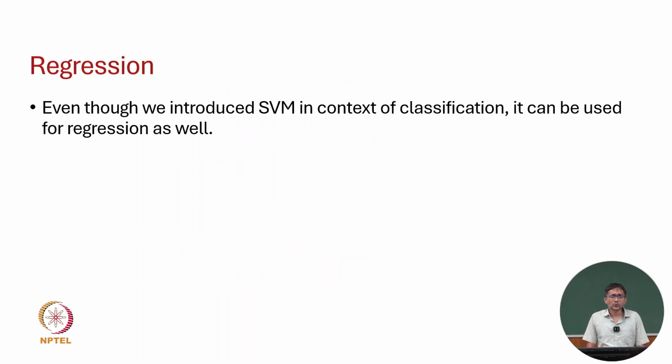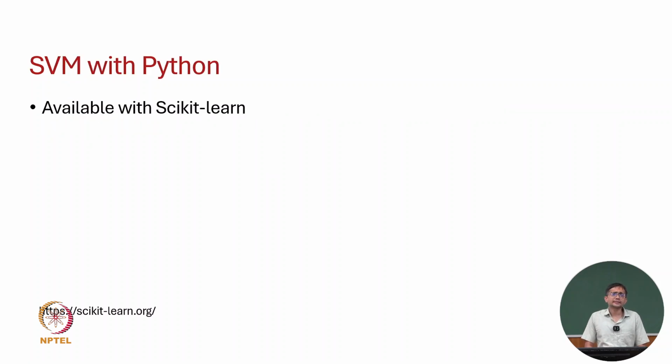An important point to note is that even though we introduced SVM in the context of classification, it can also be used for regression as well. Now, let us take a moment to think about how we would use SVM as a user.